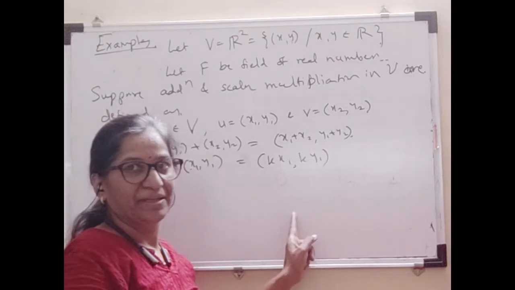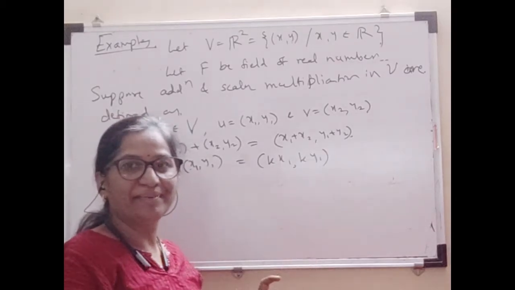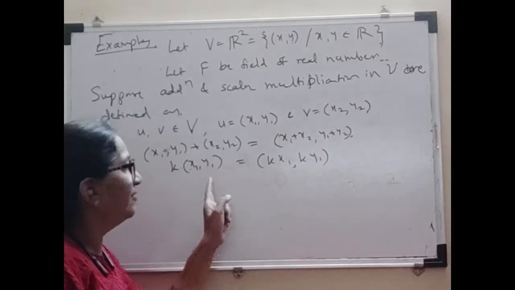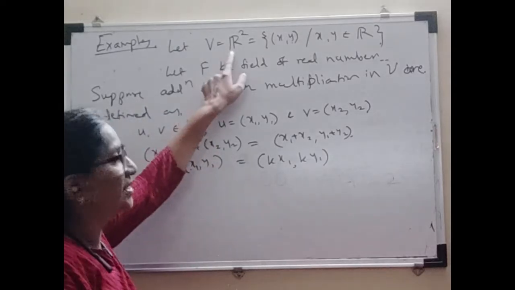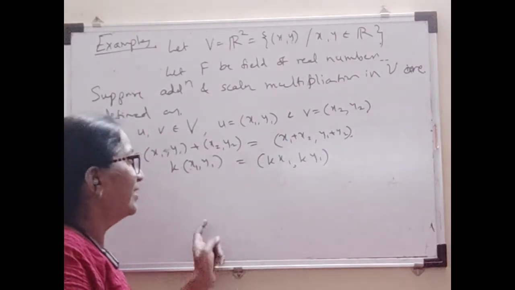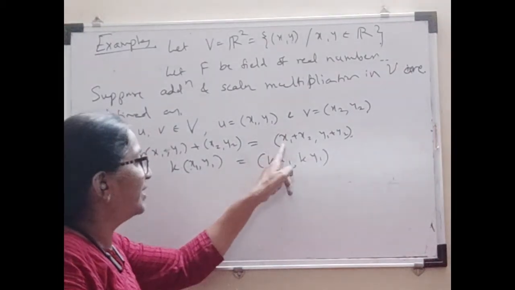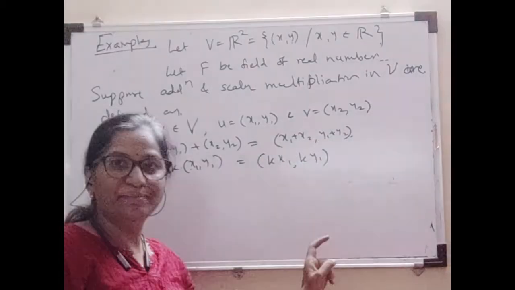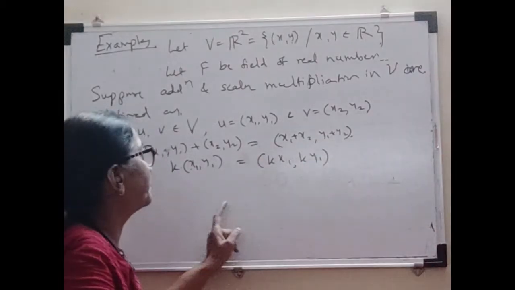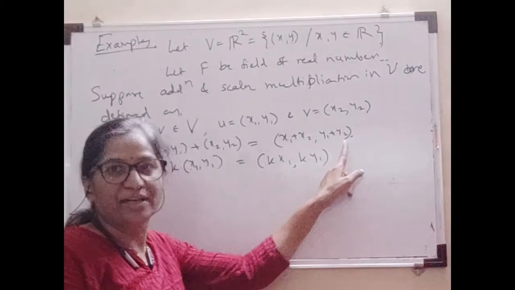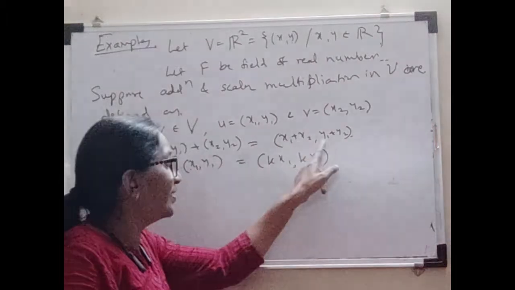Question: is V a vector space? V is nothing but R2. Is R2 a vector space over R? Yes. Observe here that x1, y1, x2, y2 are real numbers. Therefore x1 plus x2 and y1 plus y2 are also real numbers, so these tuples are real.